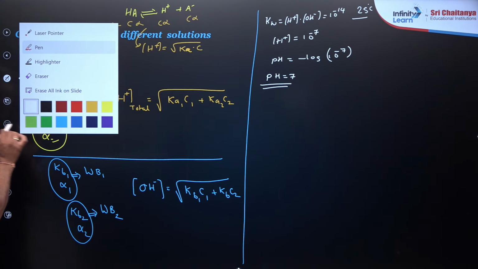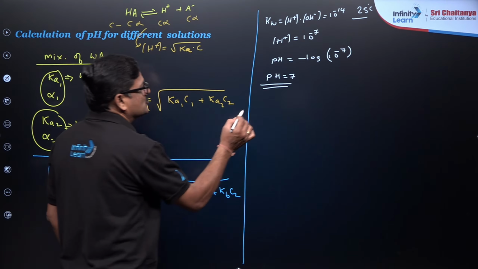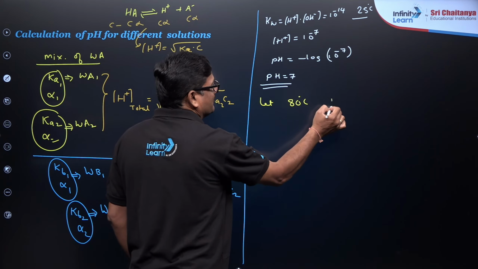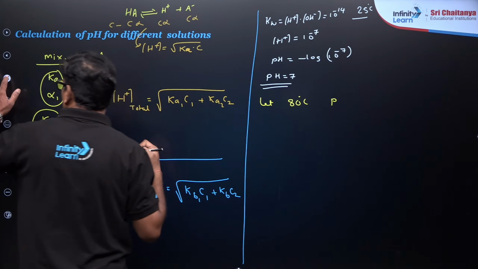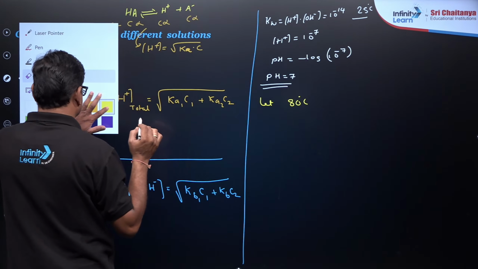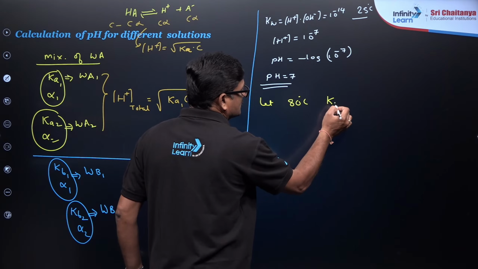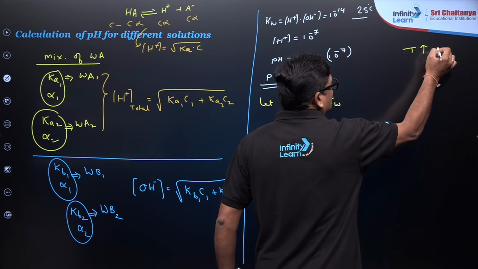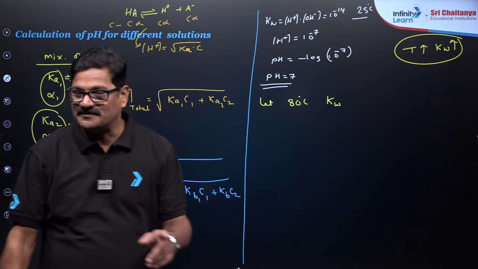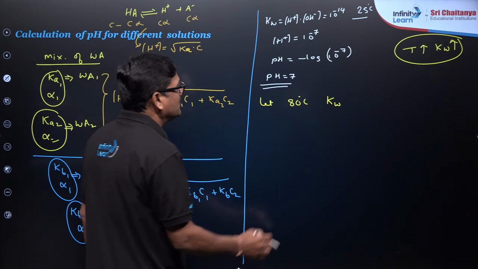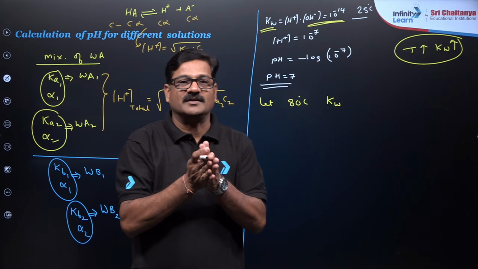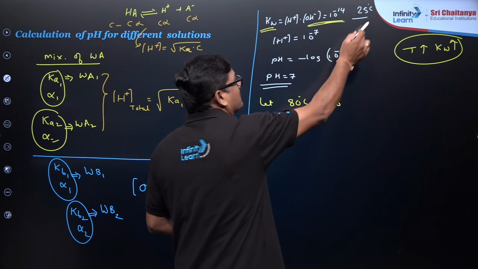Now I just want to increase the temperature. So let us take 80 degrees centigrade. As temperature increases, Kw increases. This is a fundamental fact. So Kw was 10 power minus 14 at 25 degrees centigrade.